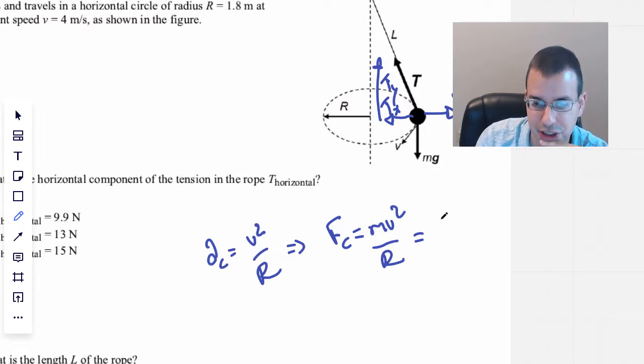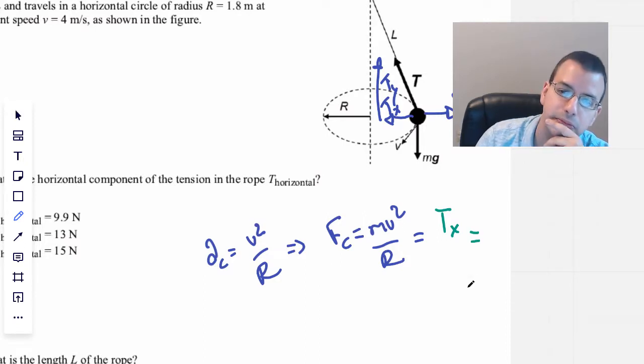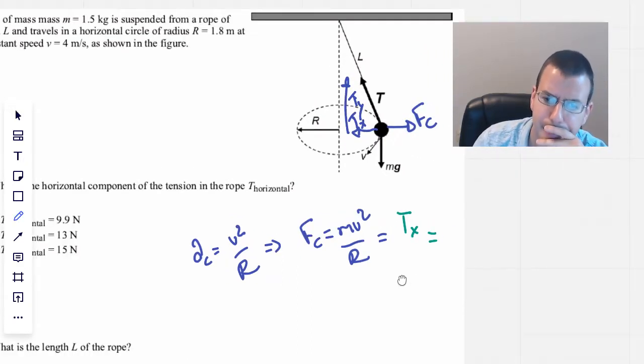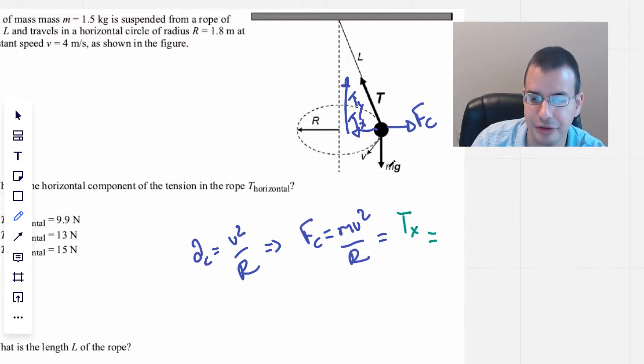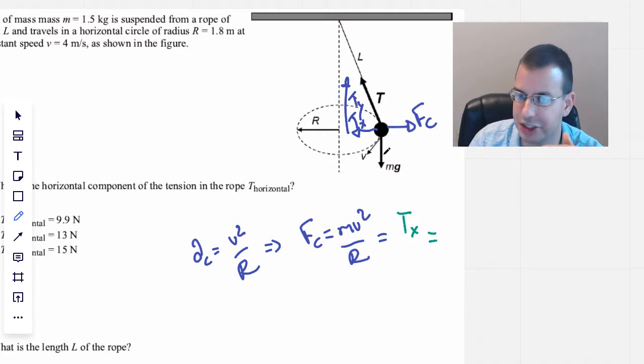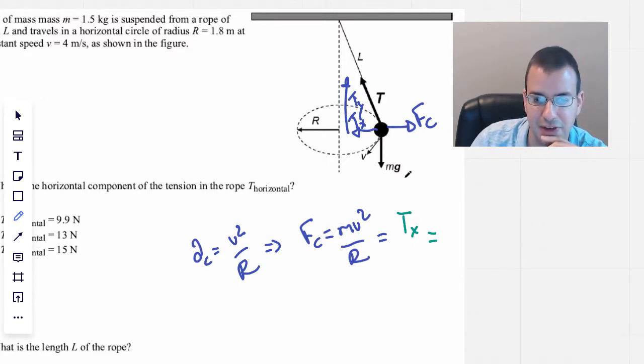So this is going to be equal to tension in the x direction, because we only have three forces going on here. We have gravity, which is perpendicular to the x direction, so that's not going to affect it. And then we have tension.